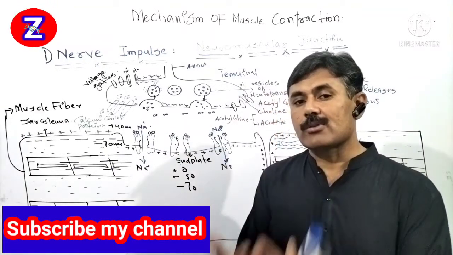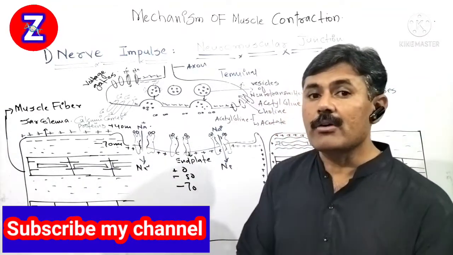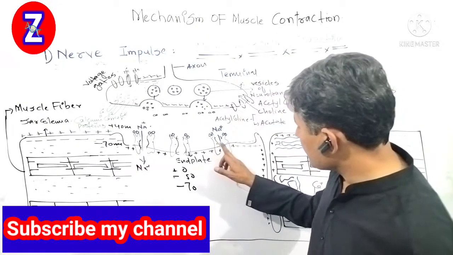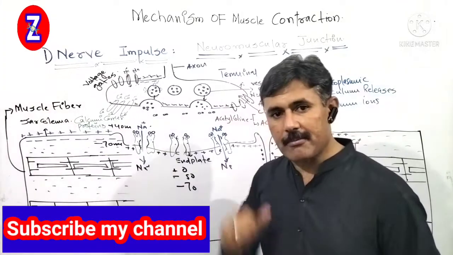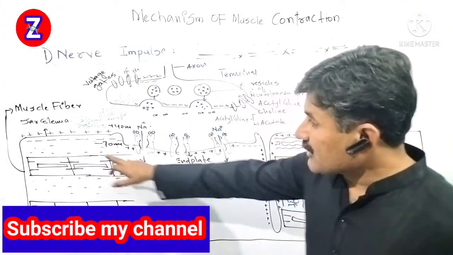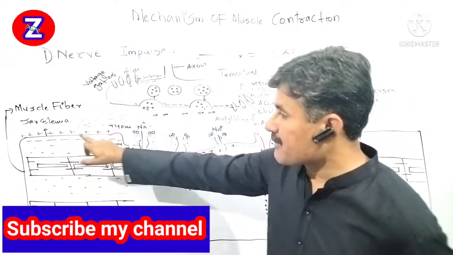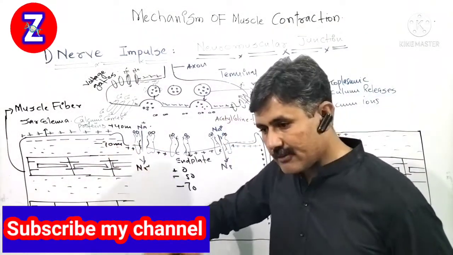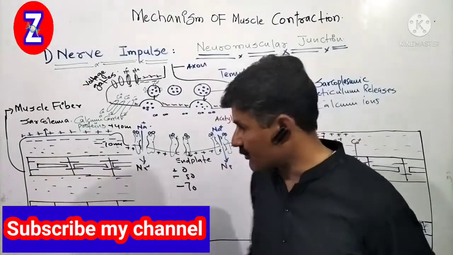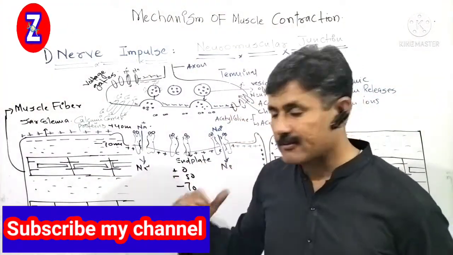And as acetylcholine comes into the cleft, it now has to attach to a specific kind of receptors present on the sarcolemma. Remember, initially the sarcolemma is externally positive and internally negative, as it maintains its resting membrane potential, or it is in a state of rest.